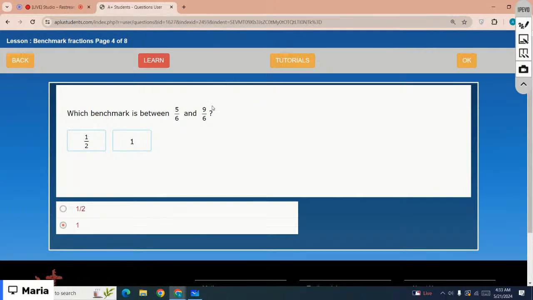Why? Because 9 by 6 is greater than 1, right? When the numerator is greater than the denominator, that means the fraction is greater than 1. The correct option is 1.